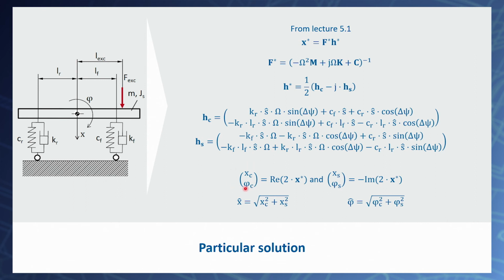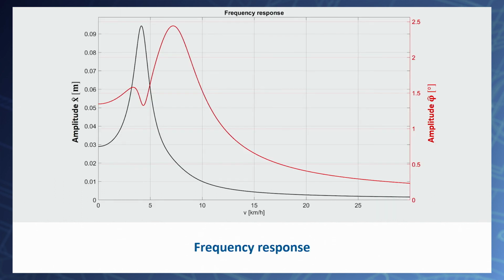As we've already seen in previous lectures, the cosine part is related to the real part of X star, and the sine part is related to the negative imaginary part. From getting xc, xs, phi c, and phi s, we can formulate through the square roots x roof and phi roof. So obviously this allows us again to draw a frequency response diagram, and that's what you see here.